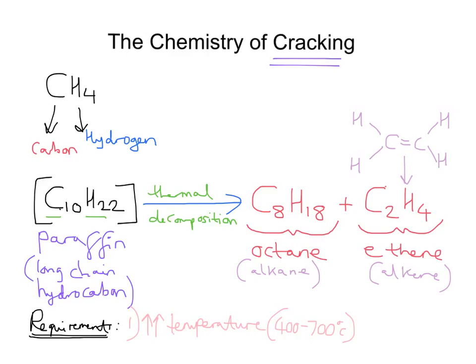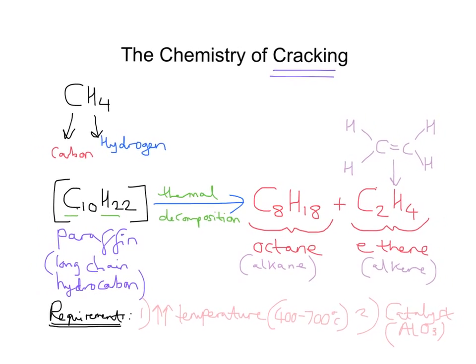The second thing we're going to need is a catalyst. And the catalyst that we're going to use in this case is aluminium oxide. So that's Al2O3. I don't know if the 2s come out particularly well on the video.